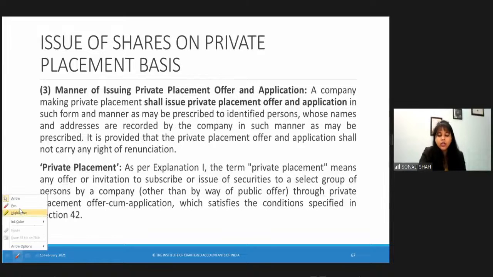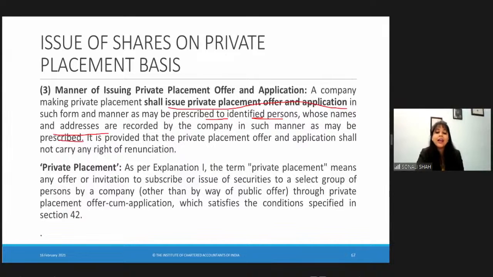Section 42 subsection 3 says a company making a private placement shall issue a private placement offer and application in the form and manner as may be prescribed to identified persons whose names and addresses are recorded by the company in such manner as may be prescribed. Also, it is provided that the private placement offer and application shall not carry any right of renunciation.